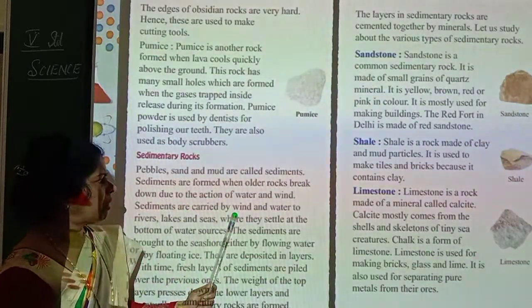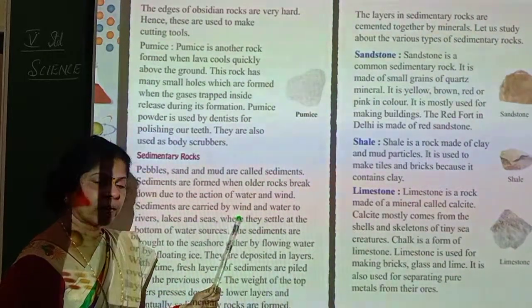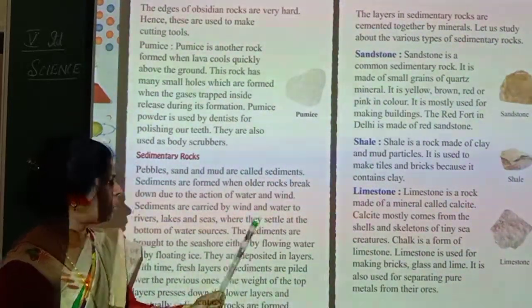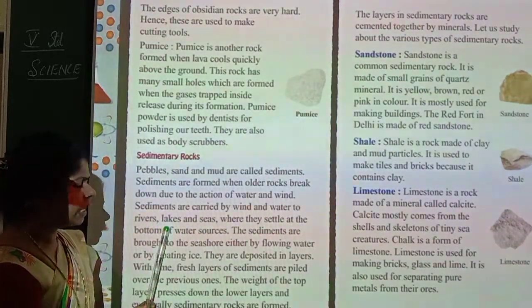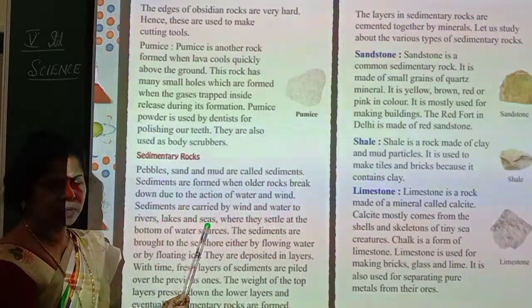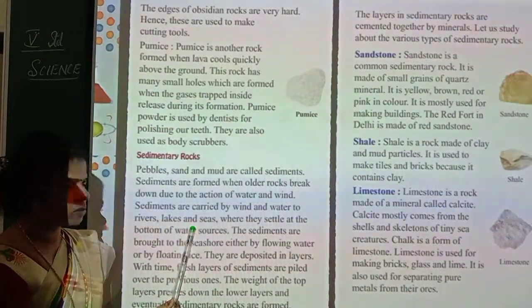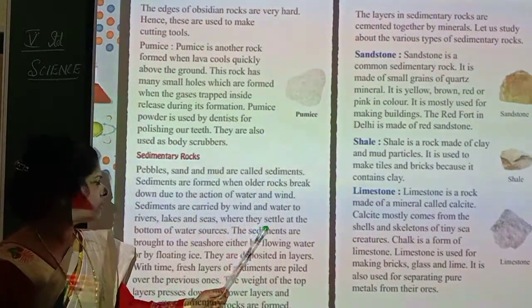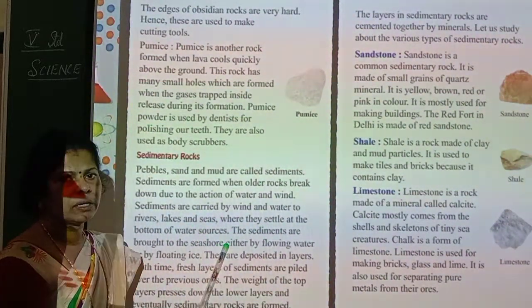Sediments are carried by wind and water. How are they carried? They are carried by wind and water to rivers, lakes and seas, where they settle at the bottom of water sources.